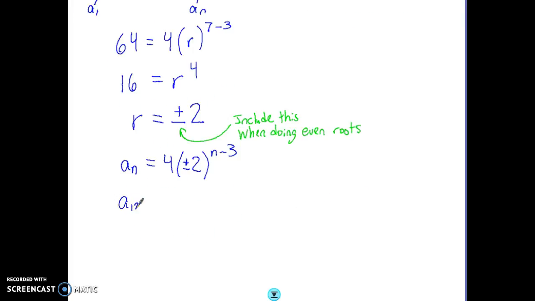We're looking for a sub 12. That's going to be equal to 4 times 2 to the 12 minus 3. Well, that's just a sub 12 is equal to 4 times 2 to the 9th. And if we go ahead and put that into our calculator, we should get 2048.